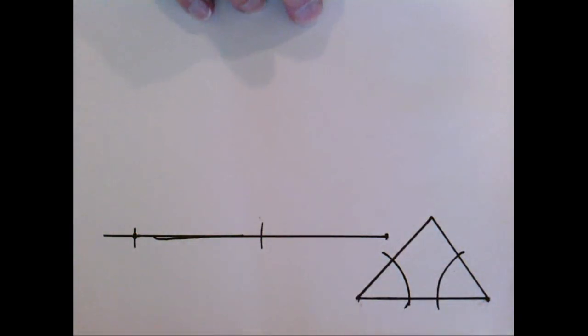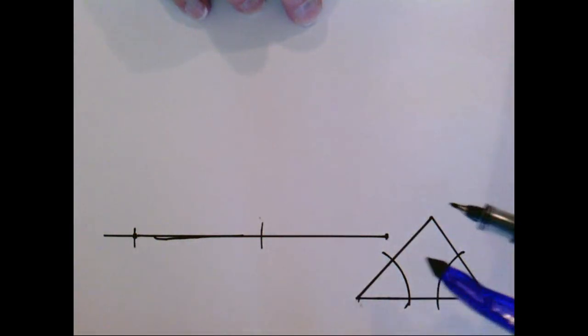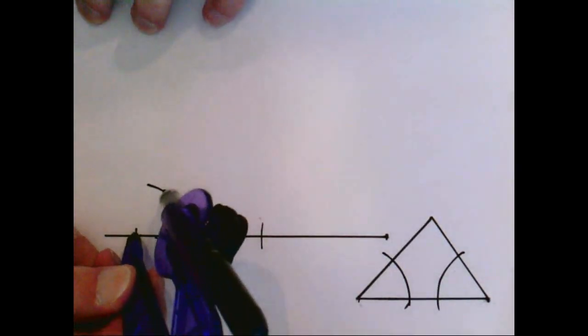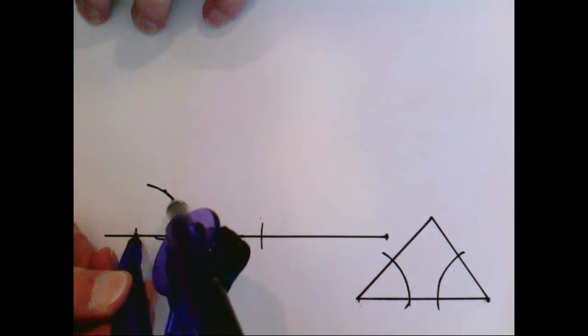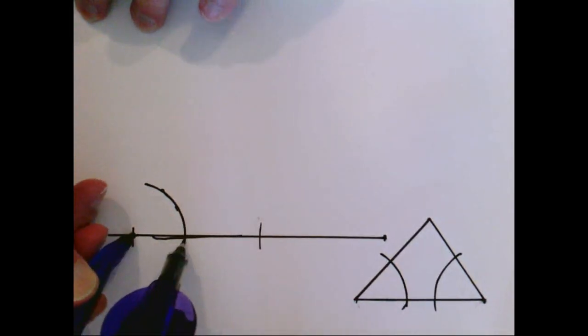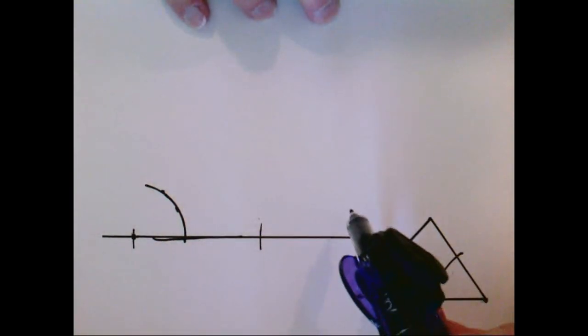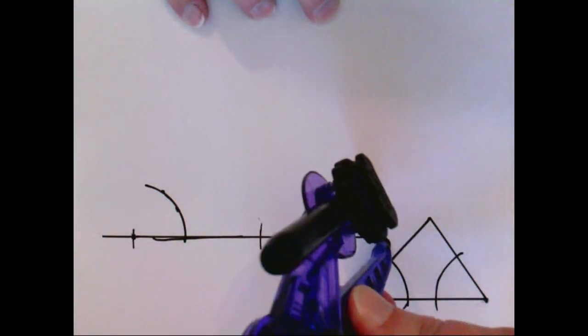Now I'll come over here to the segment that represents the side of my larger triangle. I have not changed the compass, but I'm going to do those same 2 arcs, if I can do this without it slipping. So there's 1 and 2.